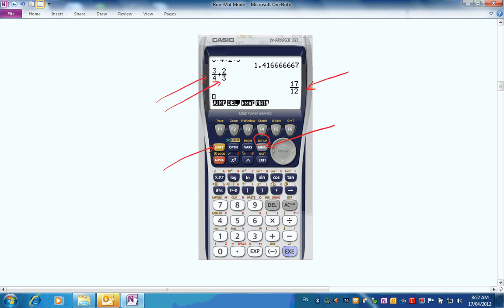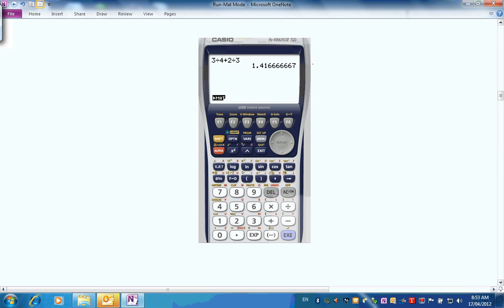Right, well, let's look at what the fraction work looks like in the linear setup. So let's enter 3/4 plus 2/3 again, using the approach 3 divided by 4, and then plus 2 divided by 3, followed by execute.